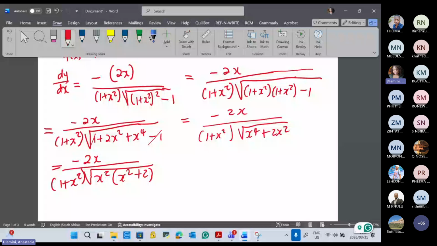So what else can we do in this case? Ma'am, the rule of absolute values states that if you have an x squared underneath a square root, then that is equal to x. So that x is going to cancel out with the one in the numerator.